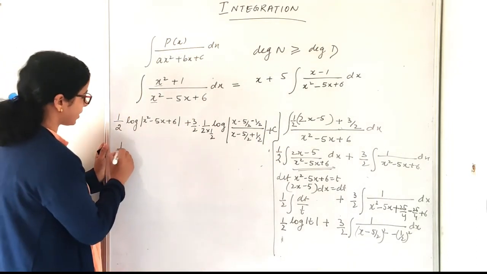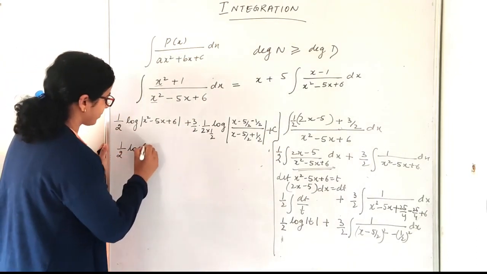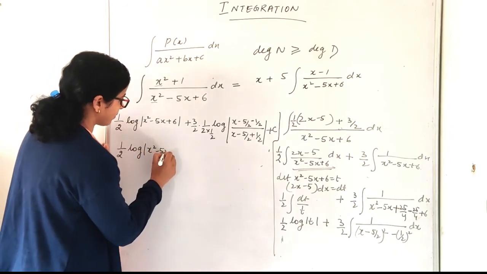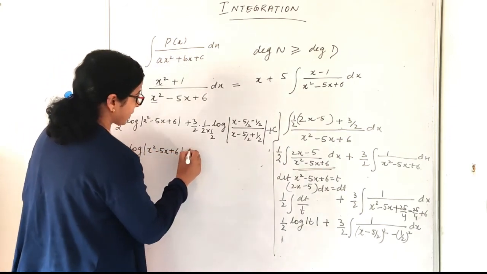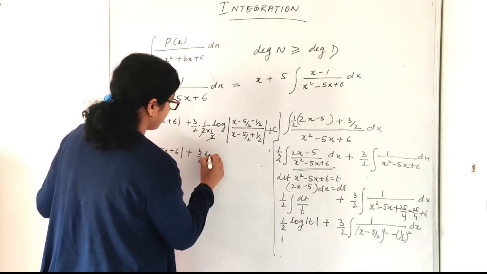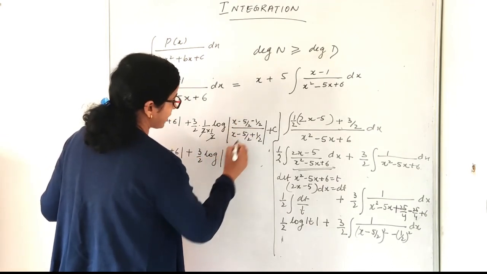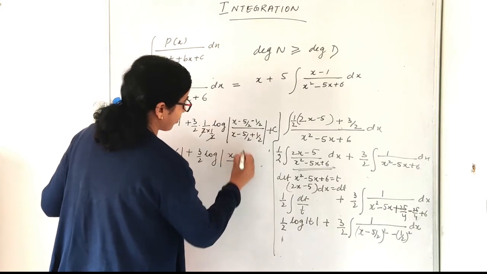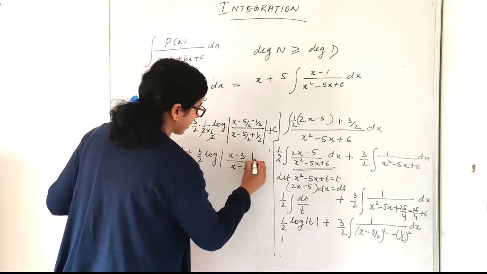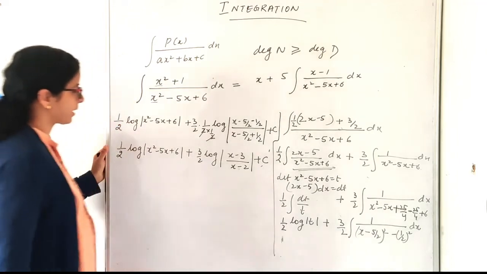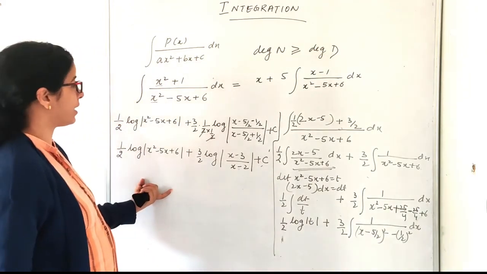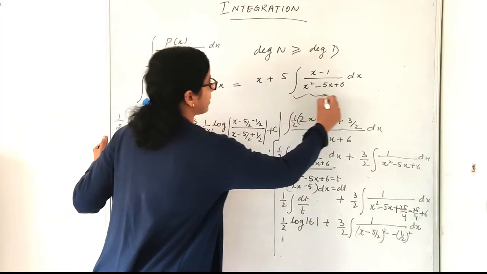Now let us solve this part. So 1 by 2 log x square minus 5x plus 6 plus 3 by 2 log. This will become x minus 6 by 2, so x minus 3 upon x minus 2, plus c. So this is my required answer for this integral, right?